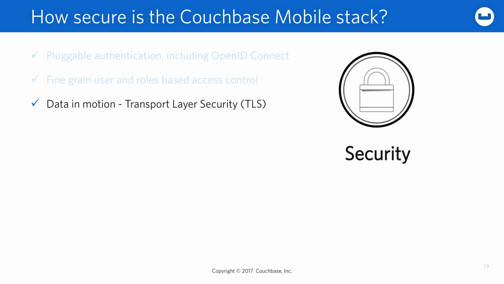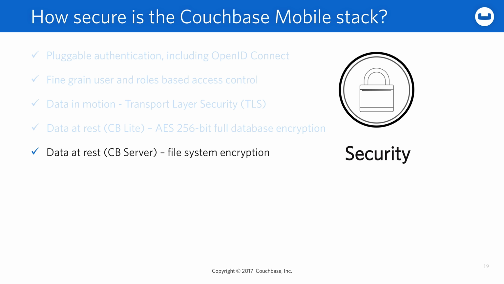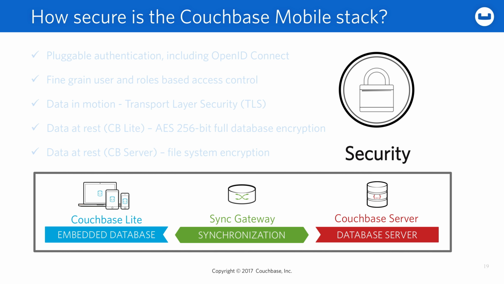Your data in motion is secured via transport layer security, the same as it would be for major banking applications and similar robust commercially secured applications. At rest, Couchbase Lite offers AES 256-bit full database encryption. Couchbase Server at rest offers full file system encryption. All three together secure your customer's data.